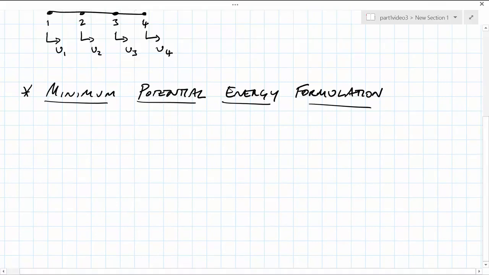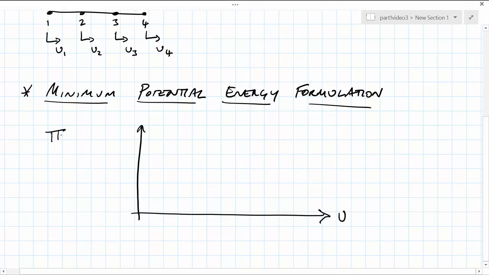The idea behind the minimum potential energy formulation is that the equilibrium state of our system can be found by minimizing its total potential energy. For a stable system, we can draw what the potential energy looks like with respect to a displacement parameter U. The character capital Phi here represents the total potential energy.